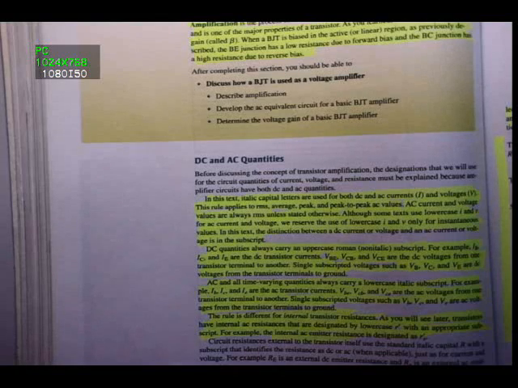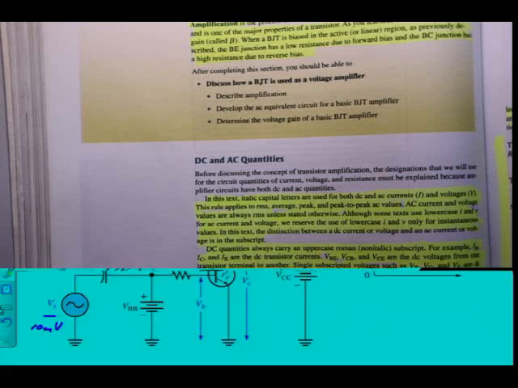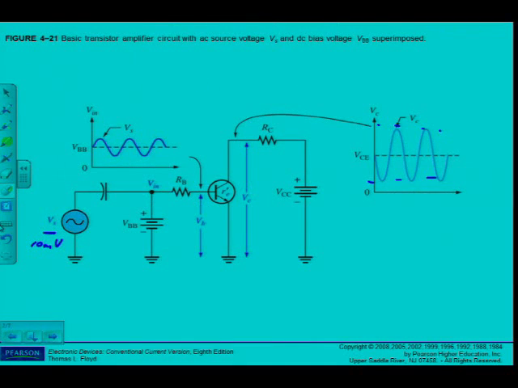DC quantities always carry an uppercase, non-italic subscript, as we've seen, like for instance the VCC that's applied. I can see here VCC, it's a voltage, and the subscript is in capital letters.